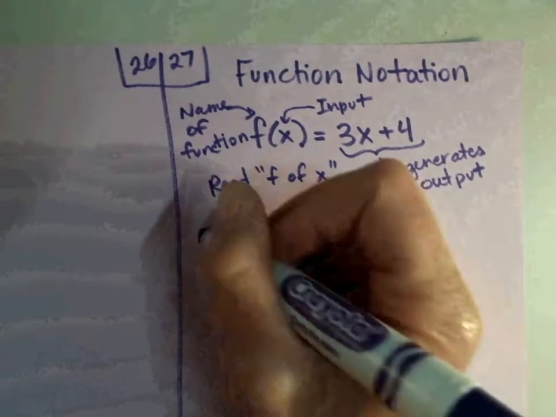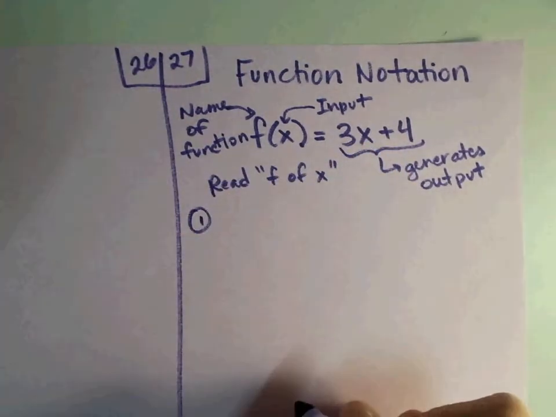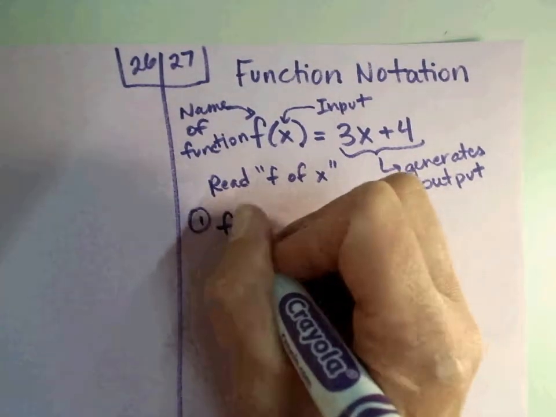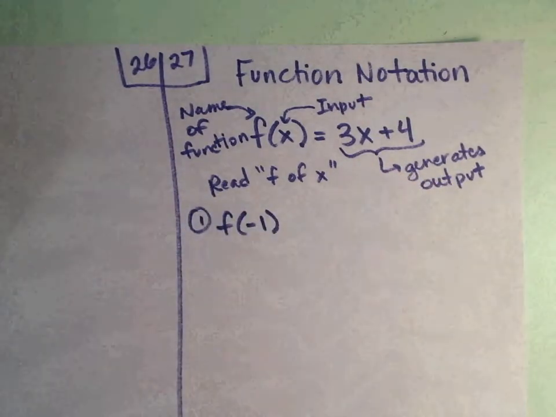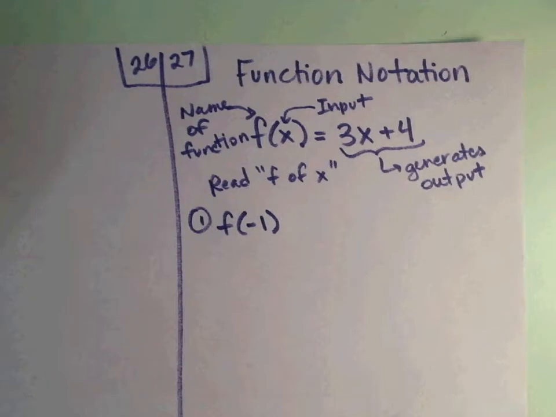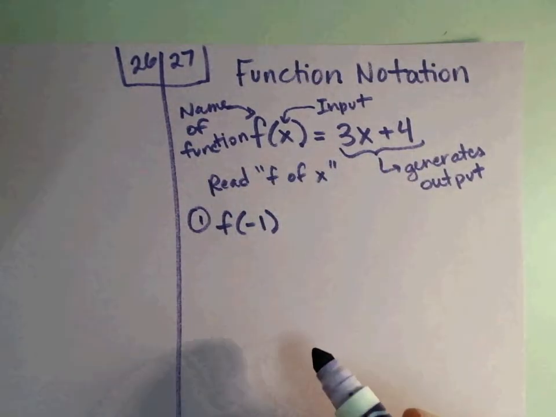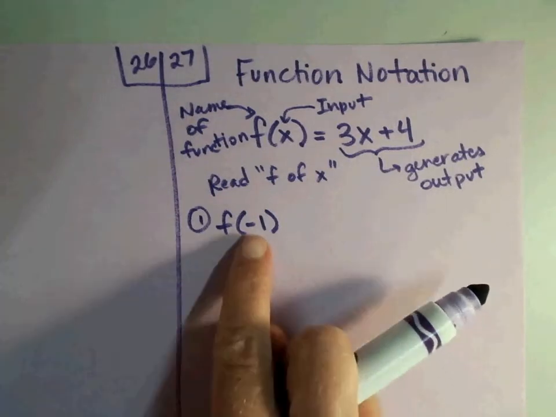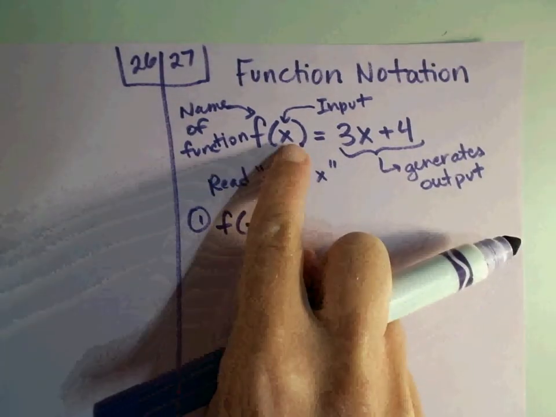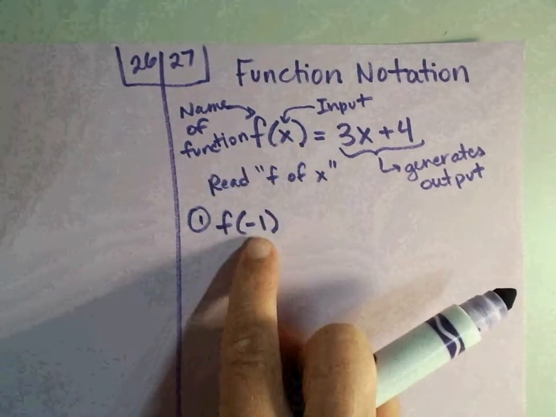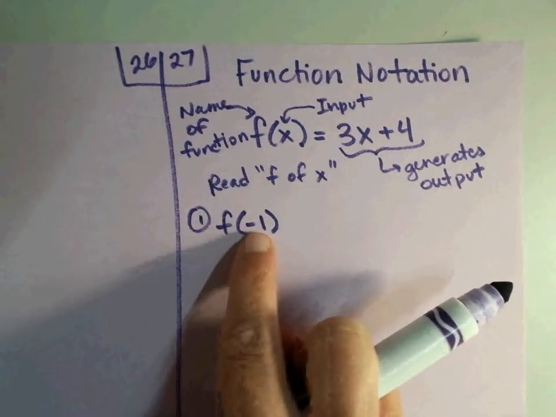So number one, if I just wrote f of -1, that would be what the question says. You would have to know that the function is f of x equals 3x plus 4. So what you're going to do is take -1, notice -1 went in for the input, so you're going to put -1 in for all the x's over here.